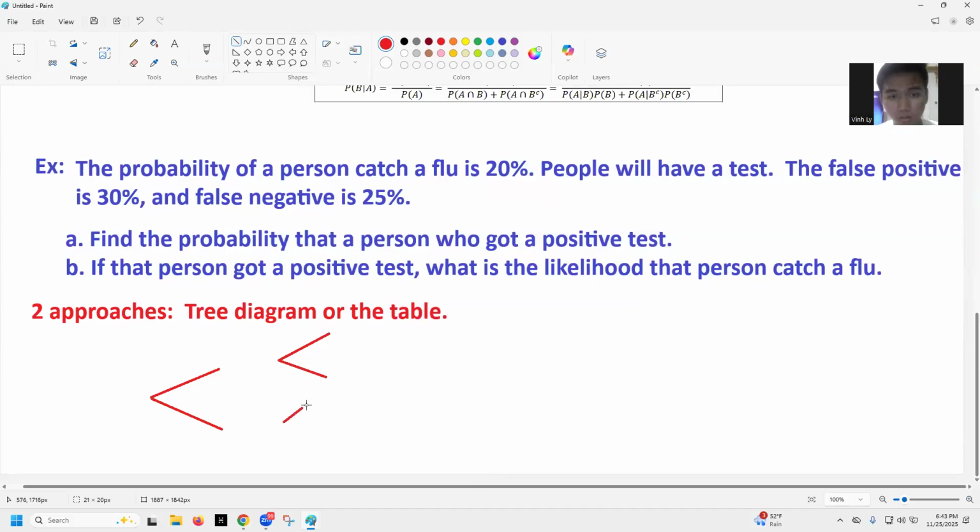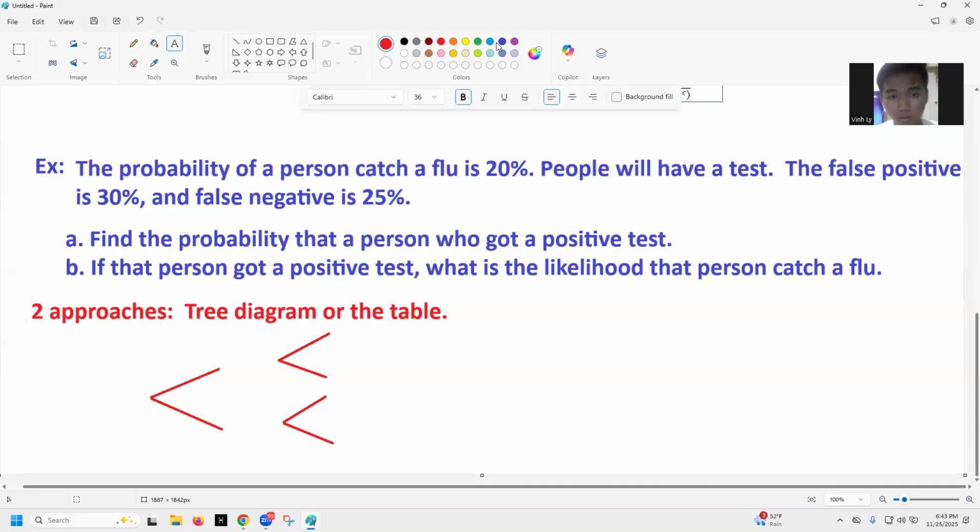On the exam, the tree diagram involves two branches. The first branch starts with having the flu and not catching the flu, based on the question. This one doesn't have any conditional probability.